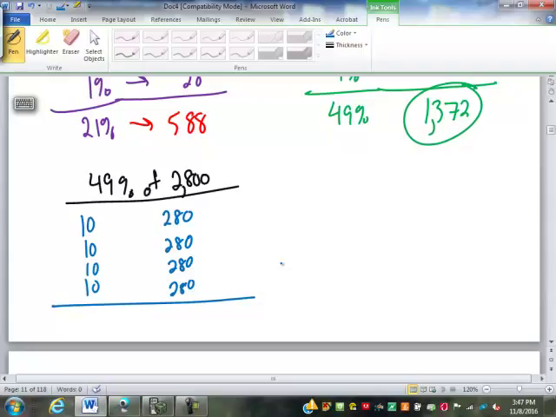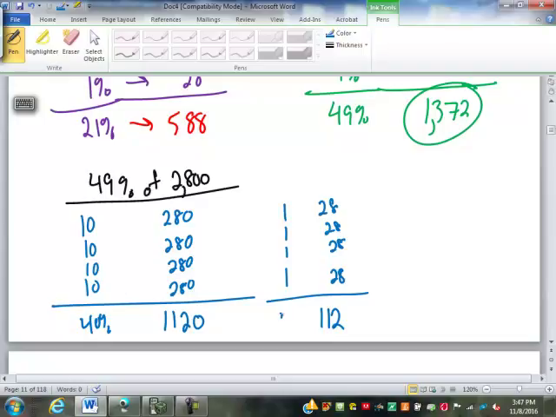If you add those all up, you're going to get 1,120, right? So that's 40%. To get to our 49%, we also need 4 1s. Well, 4 1s is just going to be 28, 28, 28, and 28, or 10% of 40, which is 112. So you'd have the 1,120, the 112, and 5% would be 140, half of the 10%.